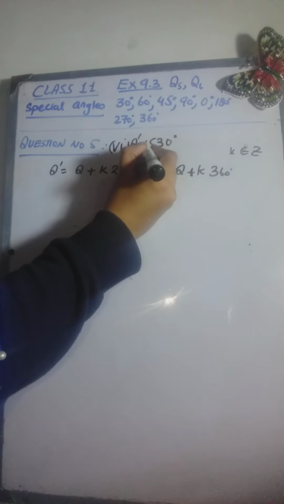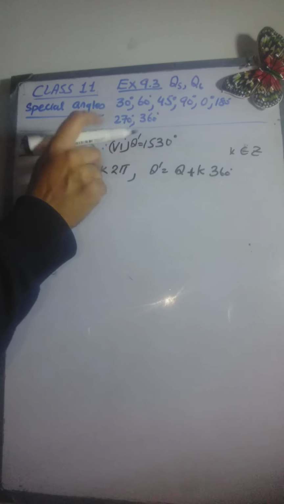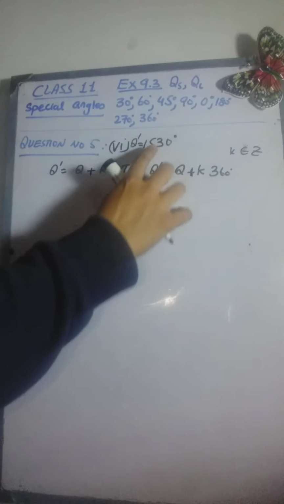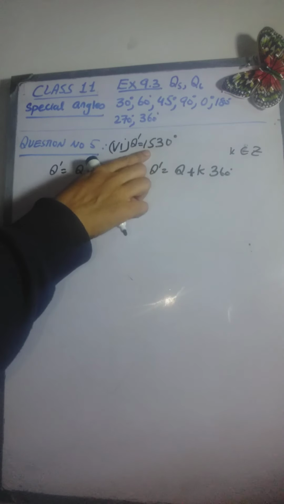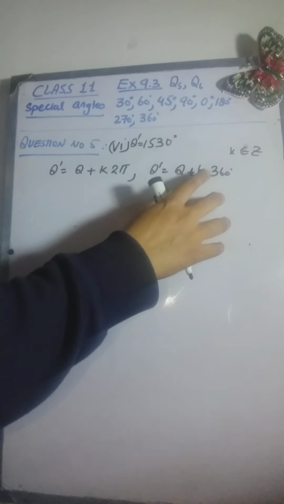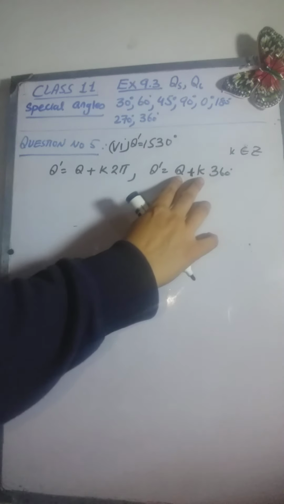This will be the angle which is given to us in the question, for which we have to find the trigonometric ratio. Take that angle to be equal to theta dash. Now we have to find theta, the special angle which will be coterminal to this angle, and k will be one of the integers. We have to find k as well as theta, these two unknowns.